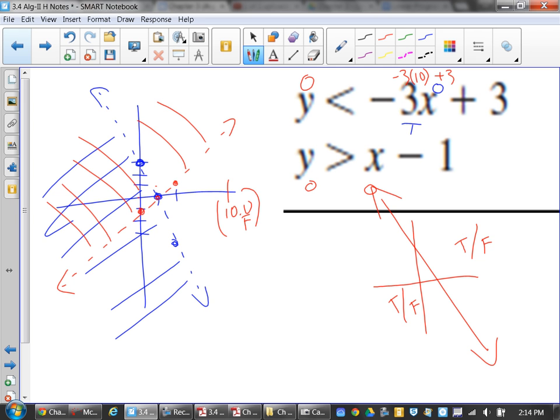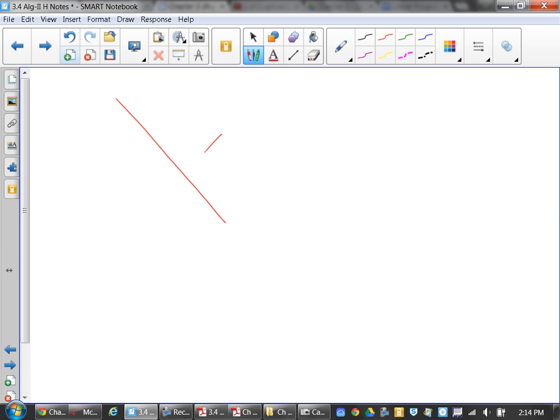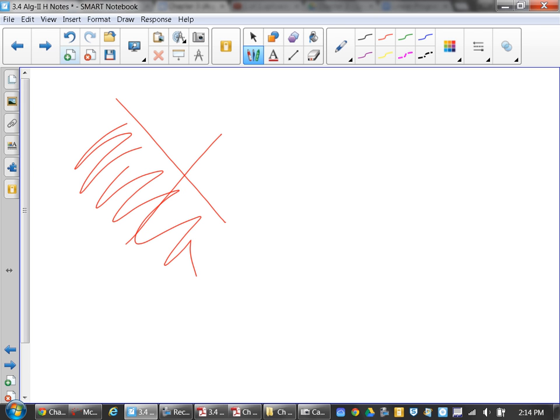Yes, sir. What do we do with the double shaded? Nothing. You're just showing me where the shaded region is. Where's the overlap? And I saw a lot of you doing this when you're graphing. Did you see how I did it? I just drew it.